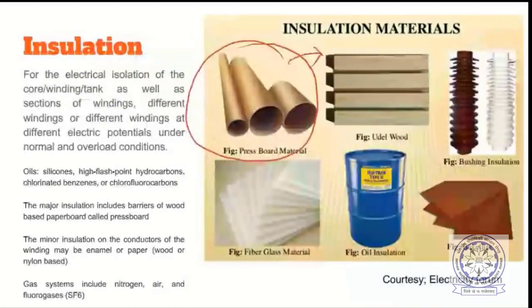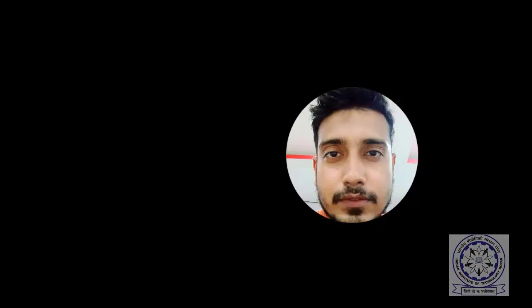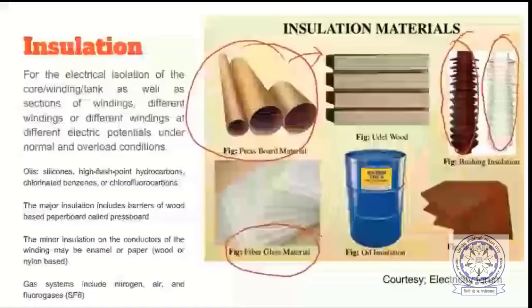And then for bushings, porcelain or the latest silicon rubber, and fiberglass materials can be used inside the transformer. Oil drum is shown here. Oil is also used. And then bakelite is another material.